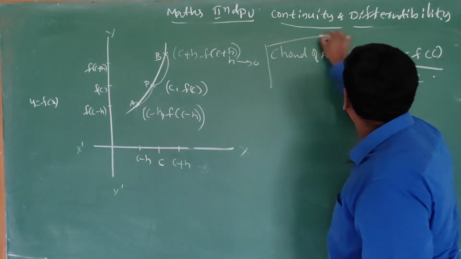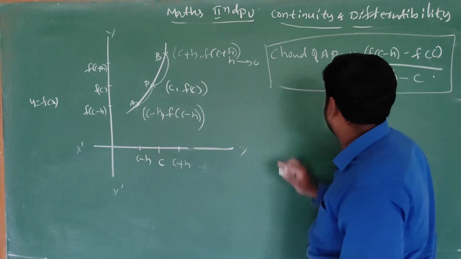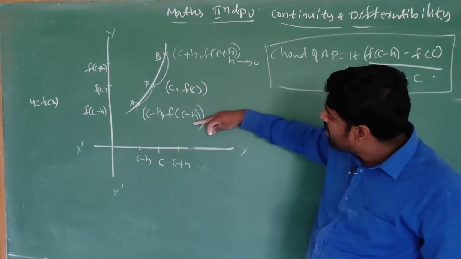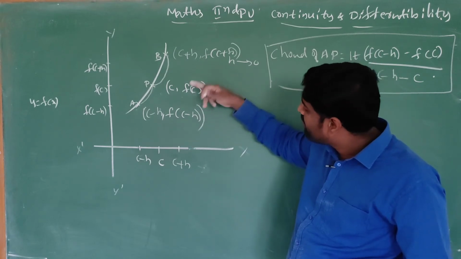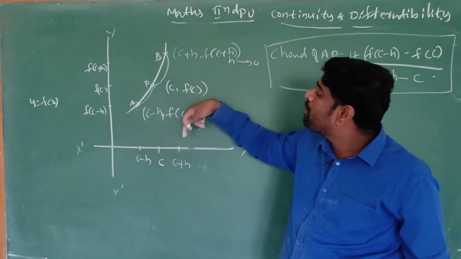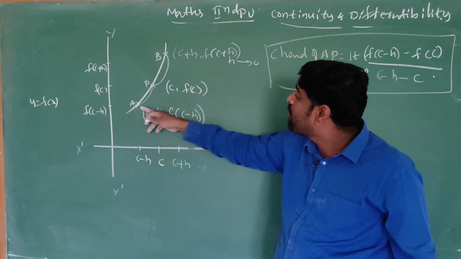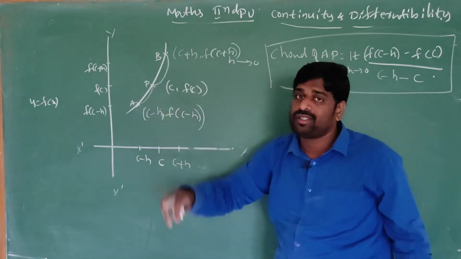So this is called chord of AP. Okay, observe children, f of c minus h minus f of c divided by c minus h minus c, you will get the slope of AP.